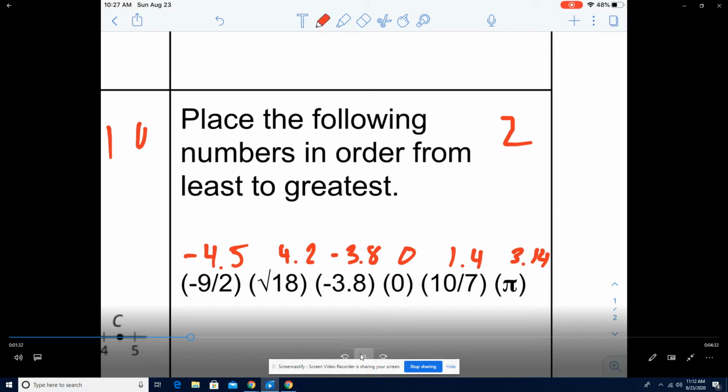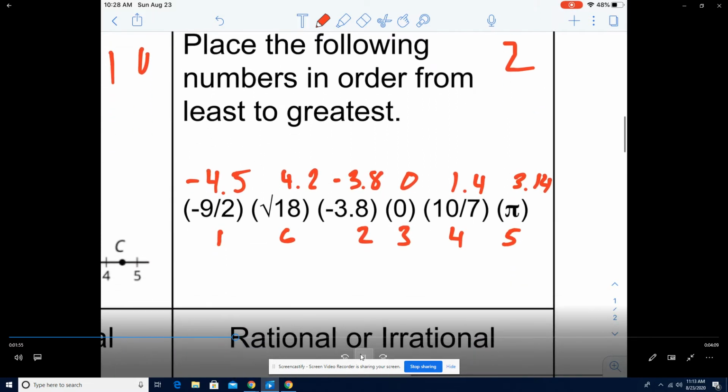It says from least to greatest, so the smallest first. When we look at negatives, the bigger the number, the smaller it is. So this is first, this would be second, and then 0 would be third, and then 1.4 would be fourth, and then pi would be fifth, and square root of 18 would be sixth.